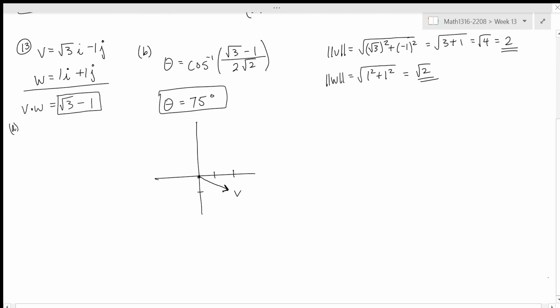And if you're wondering how did I get that, do y'all see that the x component is square root of 3? And that's about 1.7. So I went to about 1.7 and then I went down 1. And that's vector v. And then vector w looks like that.